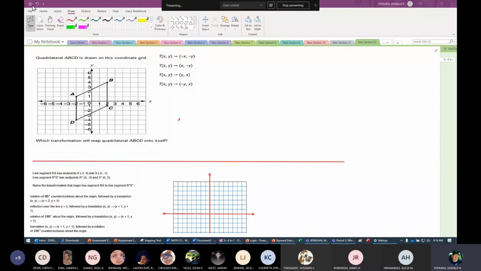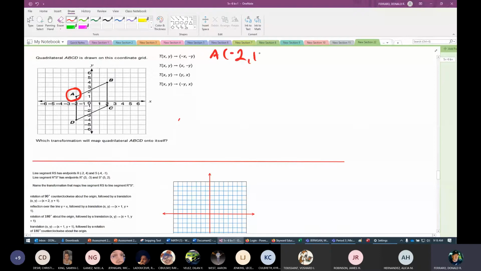So when we're mapping something onto itself, these points have to fall on the other points. What I'm going to start with is the coordinates of A, and the coordinates there are -2, 1. So that is my XY coordinate. So A is -2, 1.